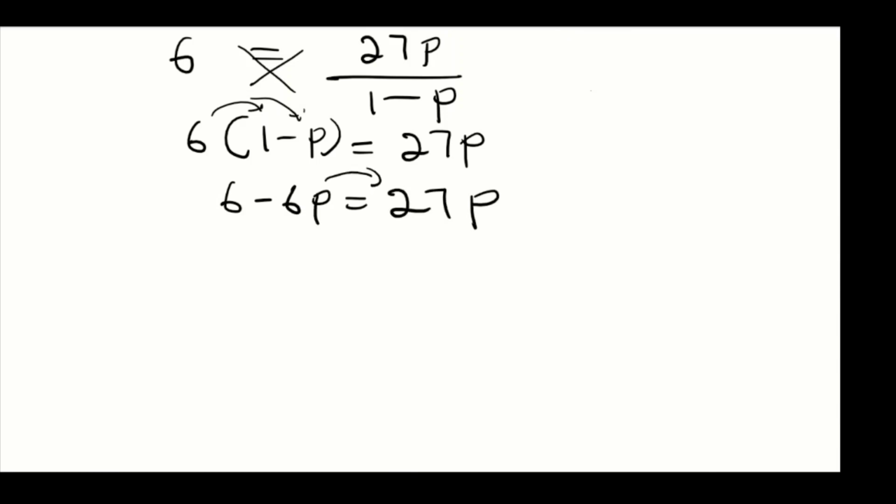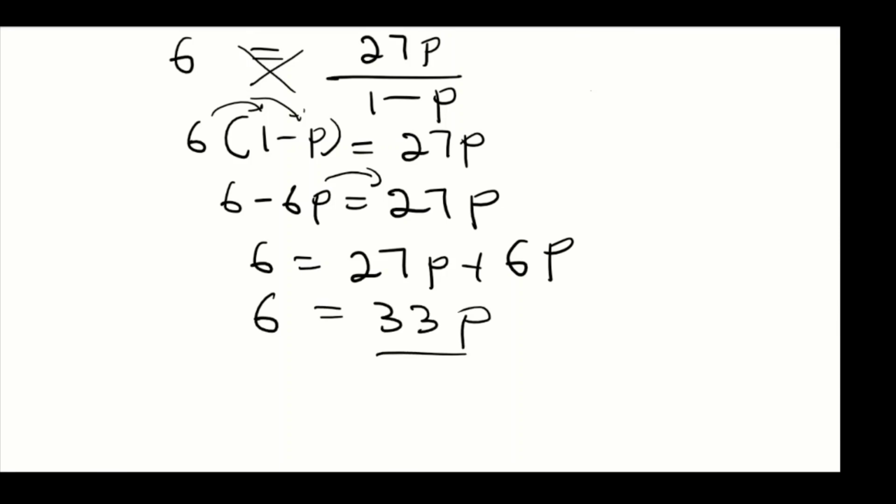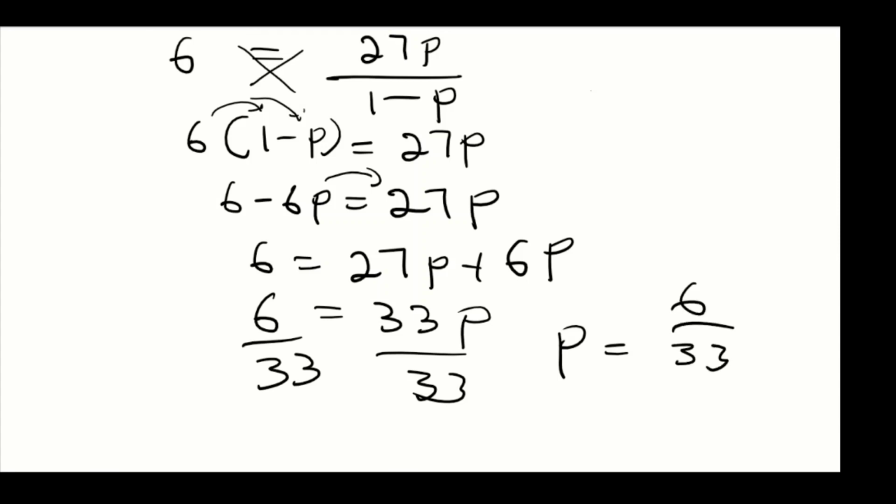Transpose the minus 6p to the other side, you have 6 equals 27p plus 6p, right? And then 6 is equal to 33p, and then you divide by 33 on both sides, you have p equals 6 over 33. So if you simplify, it's actually 2 over 11. So this is your value of p.